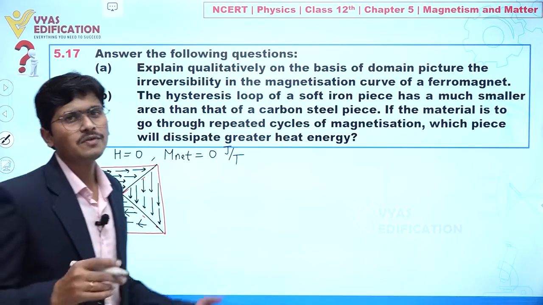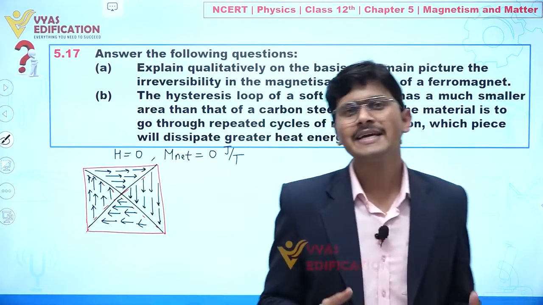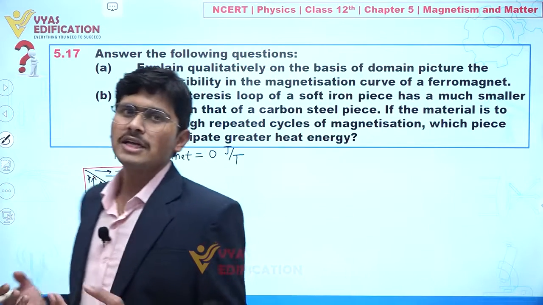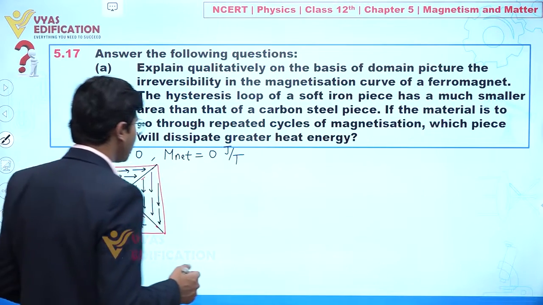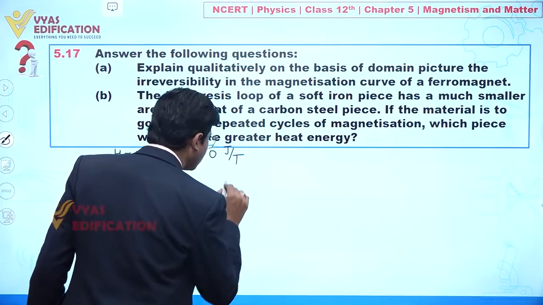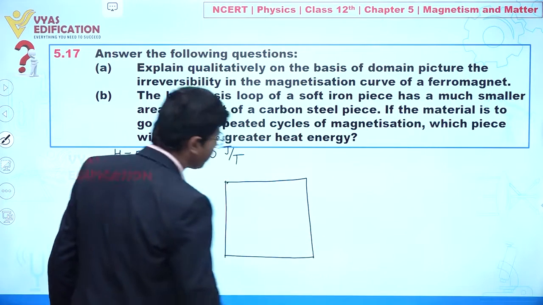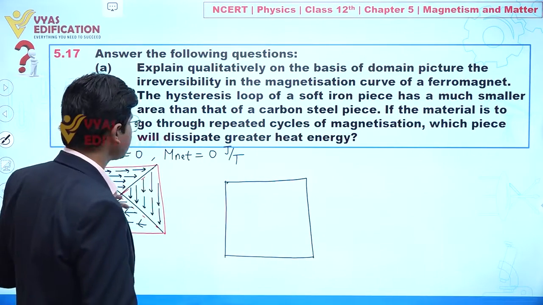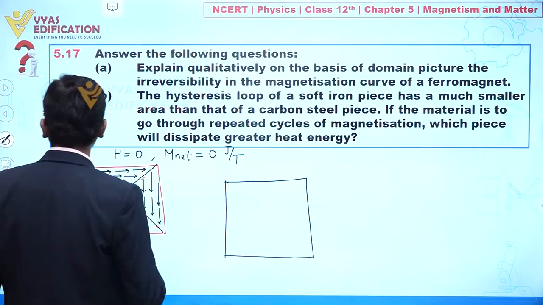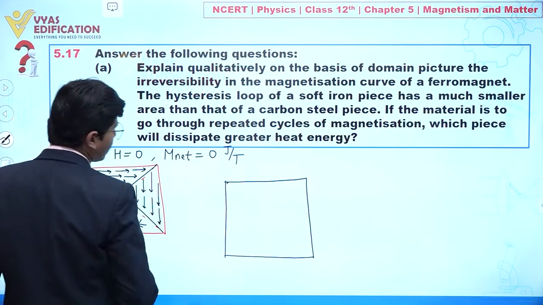But what will happen, and why are we getting irreversibility? Let's suppose I apply a magnetizing field on this ferromagnetic substance. Listen carefully.